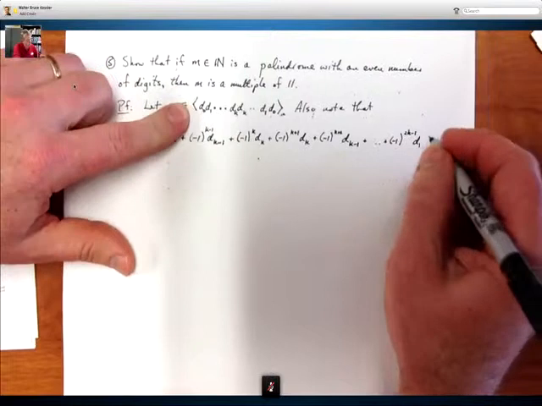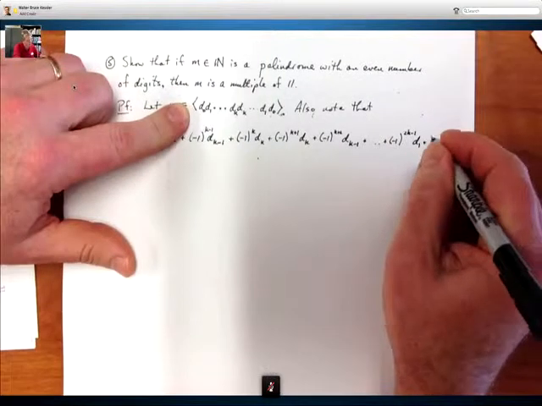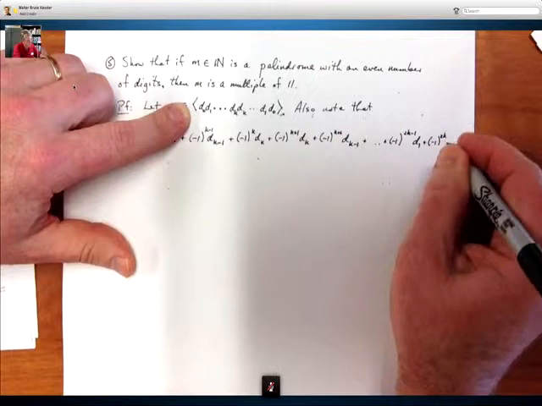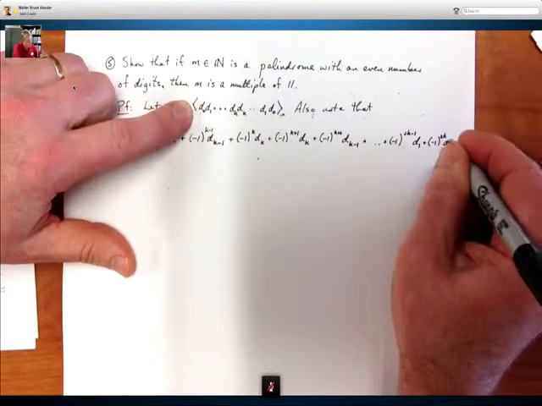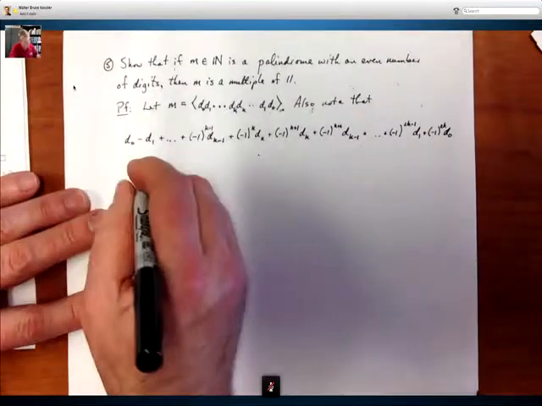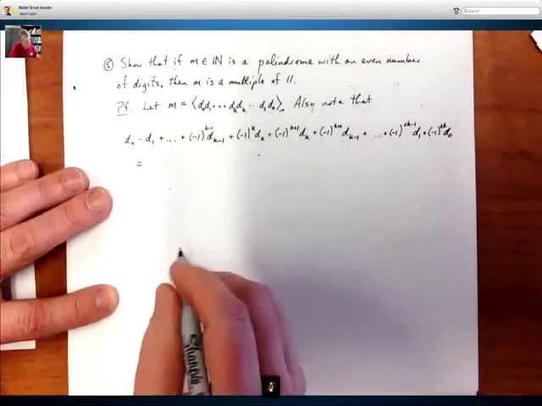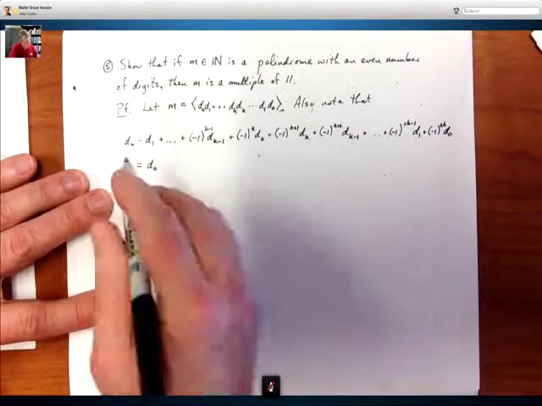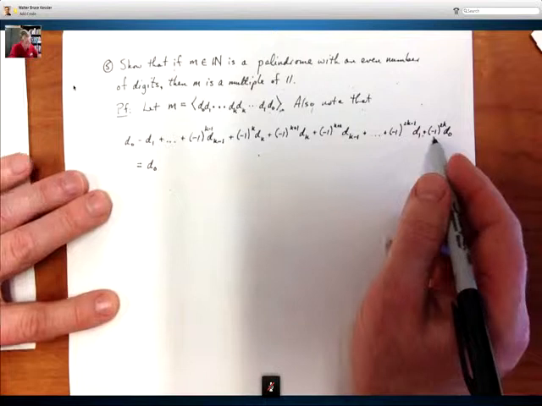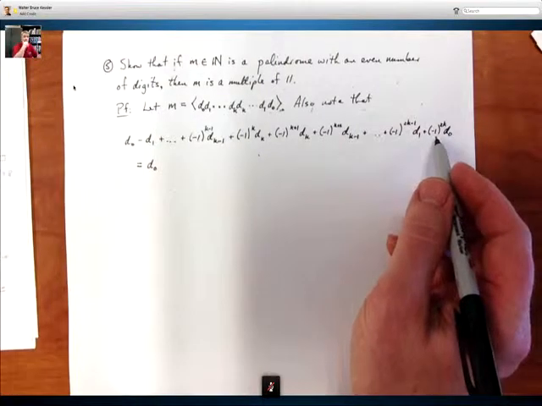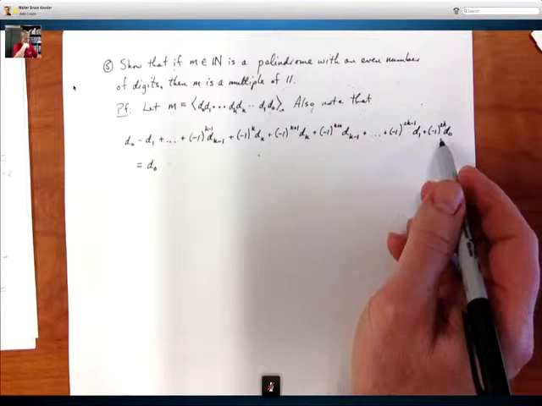So the next one, this is d1, and then I'm going to squeeze this in, plus -1 to the 2k d0. Okay, I'm sorry that's sliding off the side there, but that was kind of a long thing to write out. Well, let's simplify a little bit. d0 here, and then out here, you can think of this as -1 squared, which is 1, to the k, which is 1.